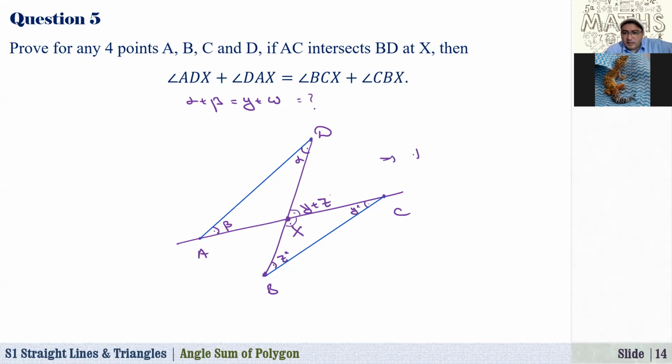So now from here, alpha plus beta is equal to Y plus Z. It's always true because angle BXC is the exterior angle for angle X when it looks to this direction, and also angle X when it belongs to the triangle BCX.